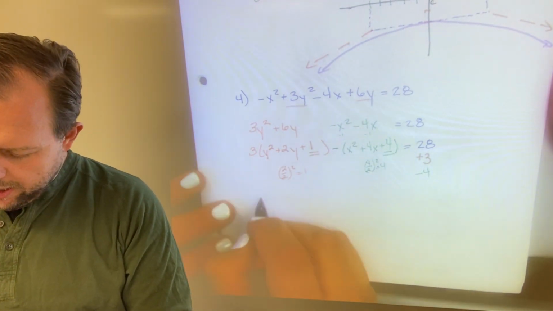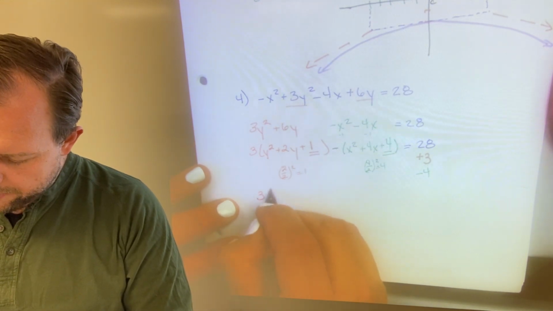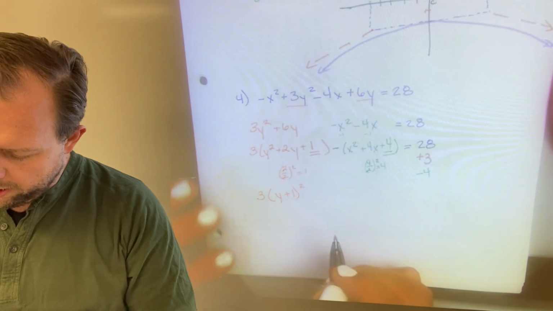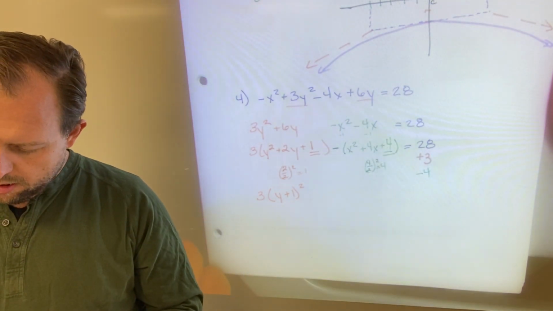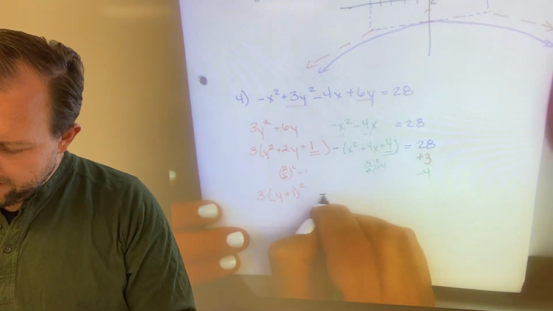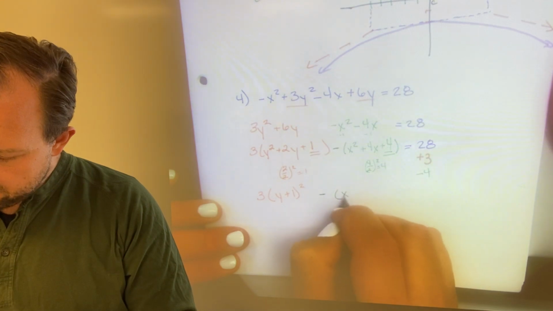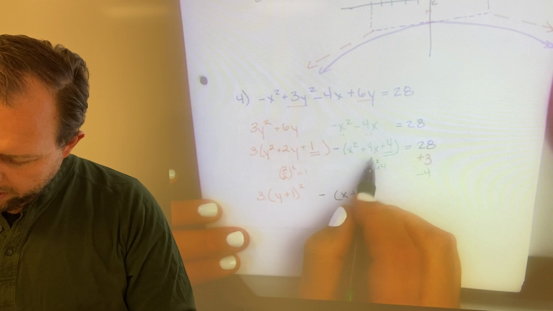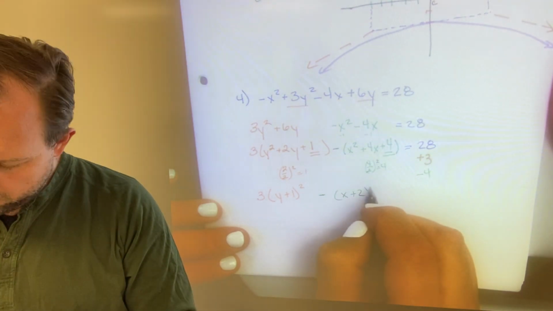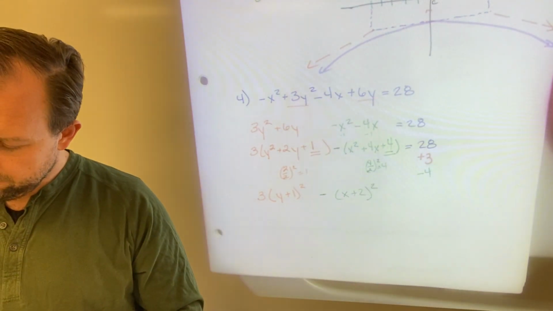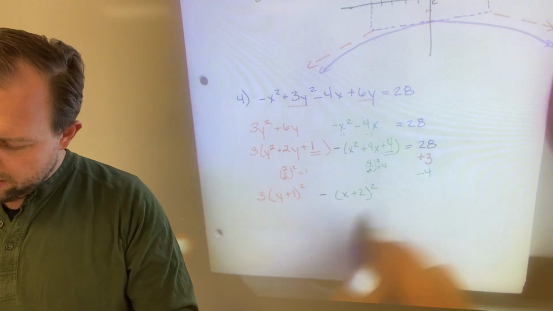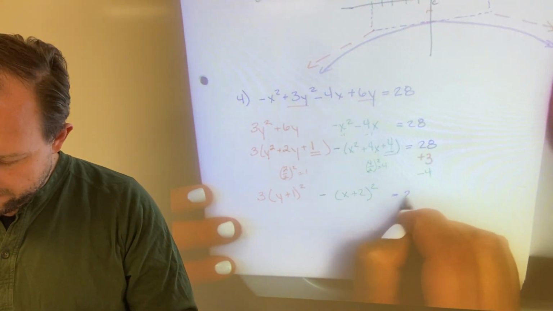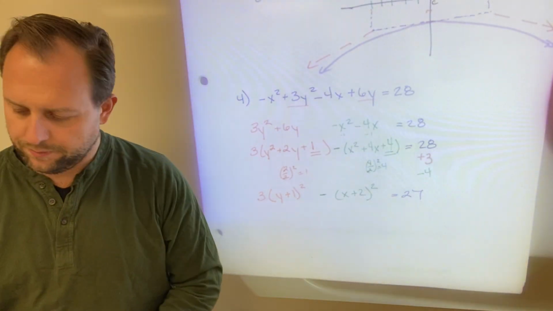This gives me 3 times the quantity y plus 1 quantity squared minus the x plus 2 quantity squared, and the 28 plus 3 minus 4 gives me a 27.